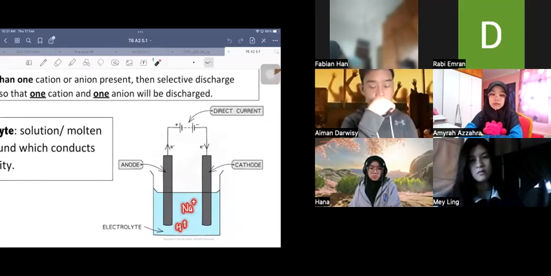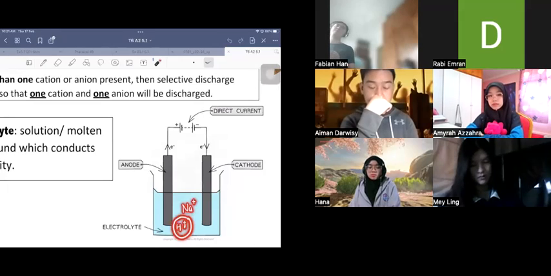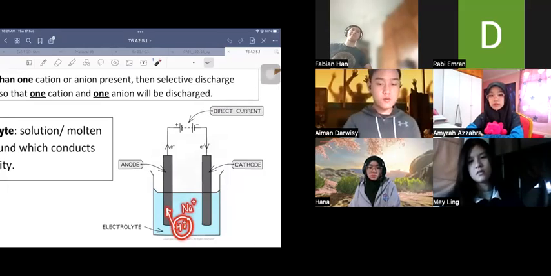Okay, so this is what we mean by selective discharge. Between sodium ions and hydrogen ions, according to the easiness of the ion to be discharged, H plus will be discharged on the, sorry, not anode, the other one, on the cathode.